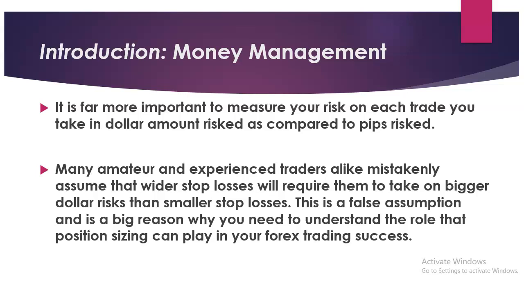Now, it doesn't matter the size of the order block, your risk should remain the same. I mean, your risk in dollar terms should remain the same, regardless of the size of the order block.